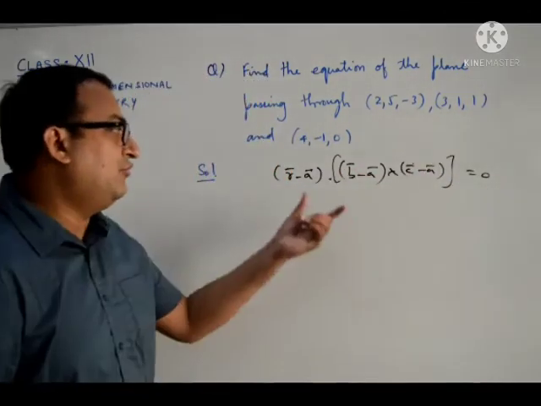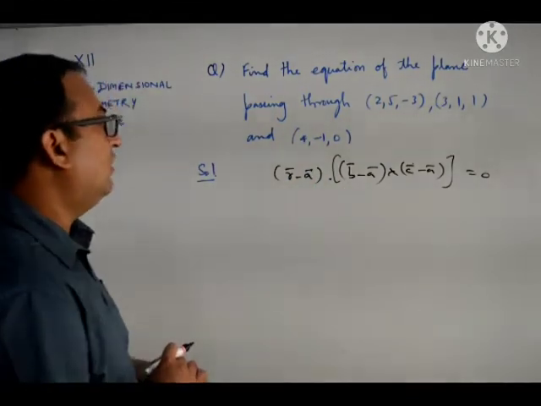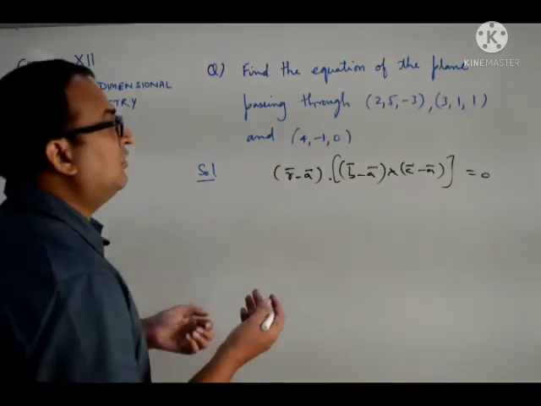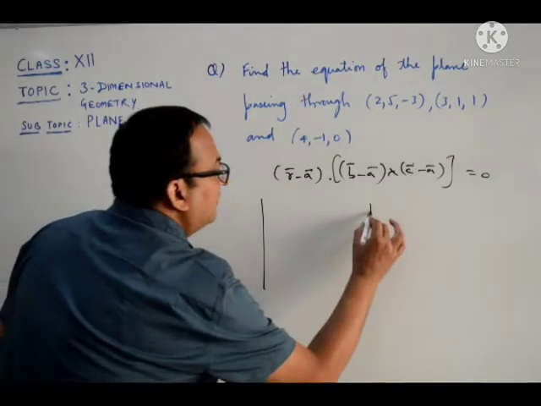So you have to memorize this result in order to do this question, or there is one more way: you can also solve it in Cartesian form. For that you need to remember this determinant.